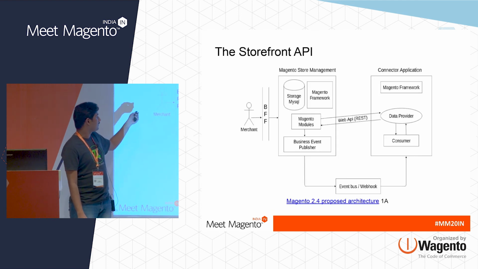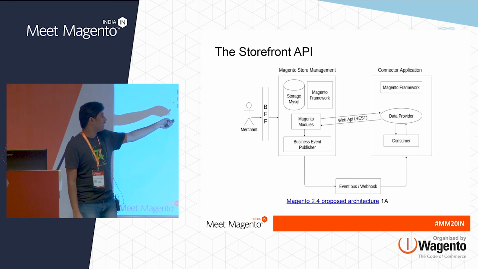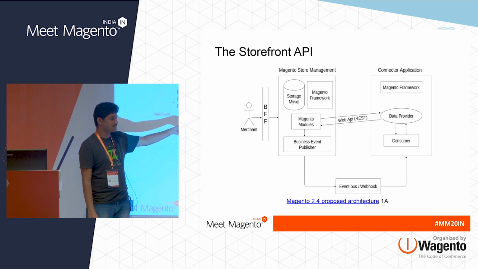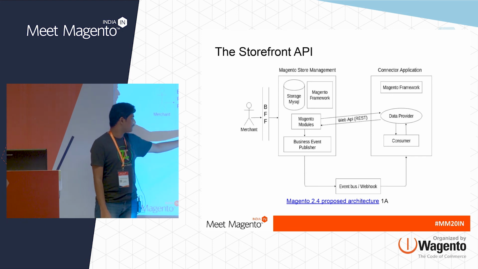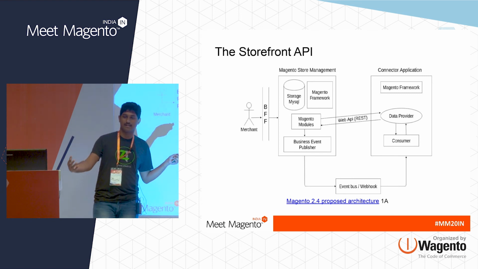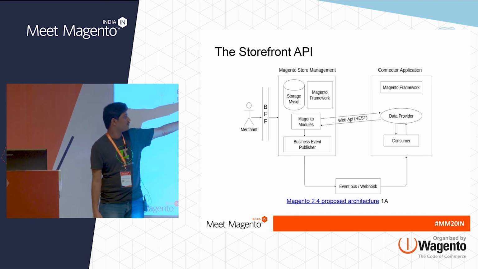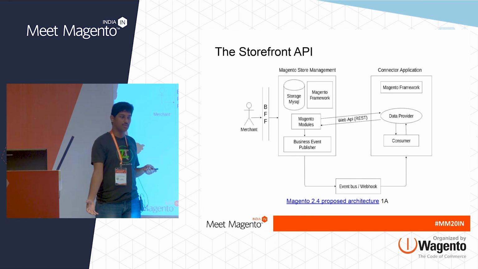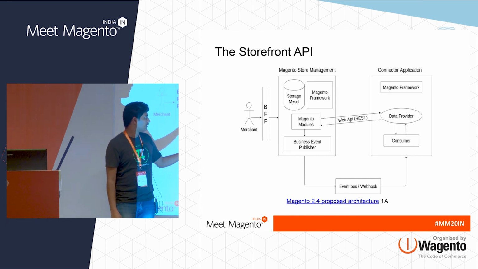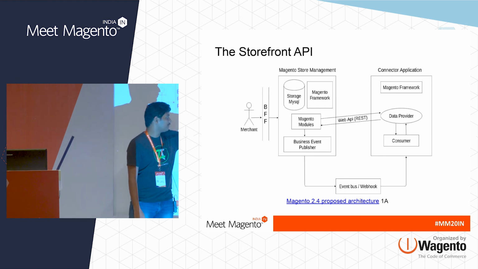So you have a merchant hitting the normal Magento storefront, and you have the Magento modules here, and there will be business event publishers here. If you do a product import or something like that, it will be processed by the webhook or event bus, and then provided to a connector application. This connector application is a completely new concept, and it will communicate with Magento through web APIs.